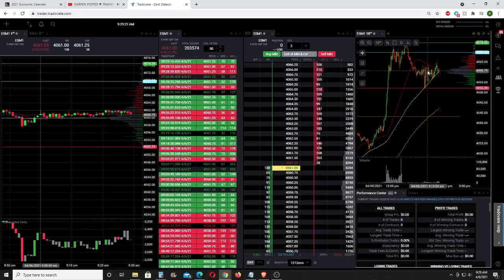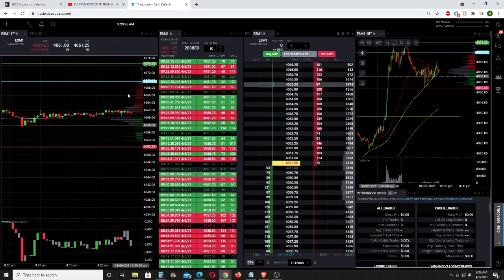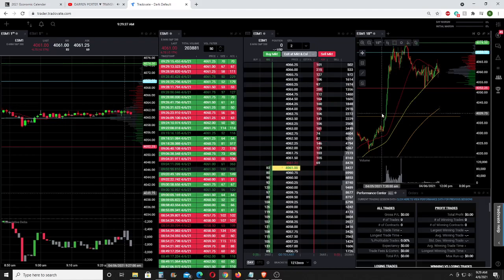Alright, let's see here. Yeah, there's a lot of trading activity here. Looks like it might go sideways for a little bit here. Let's see what happens. Got 20 seconds left before the market opens.